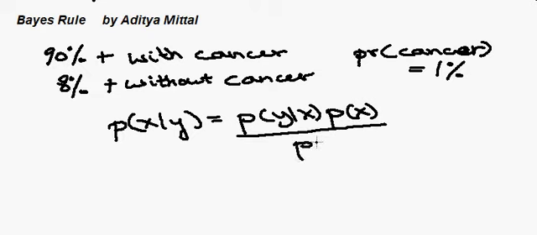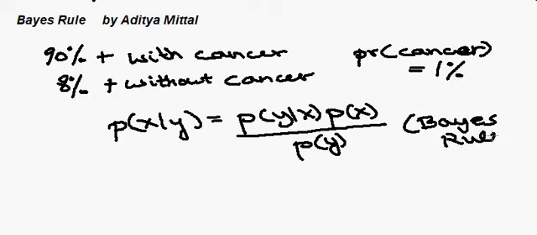This is Bayes rule. Here I'm not going to try to prove Bayes rule to you, but you can find its proof online somewhere. But let's go ahead and apply Bayes rule here. So we want to know the probability that you have cancer given that you tested positive.